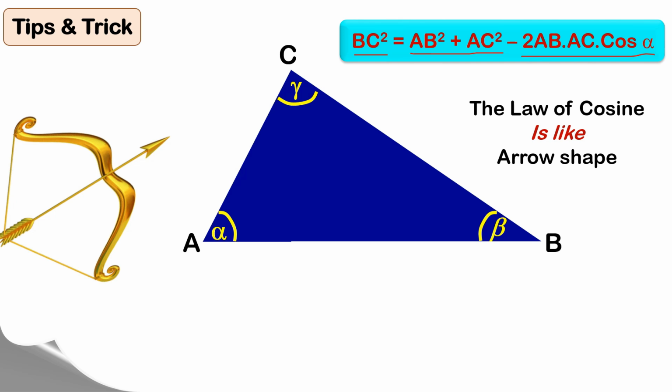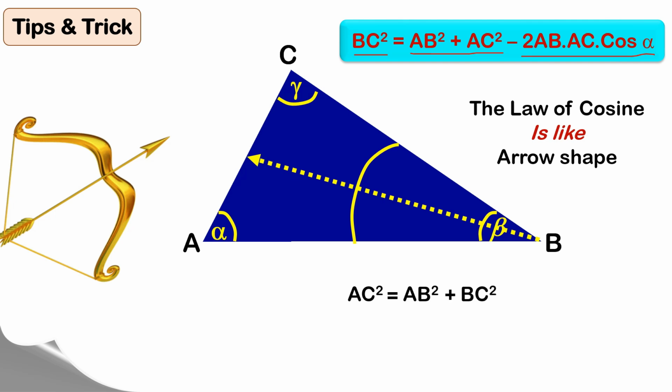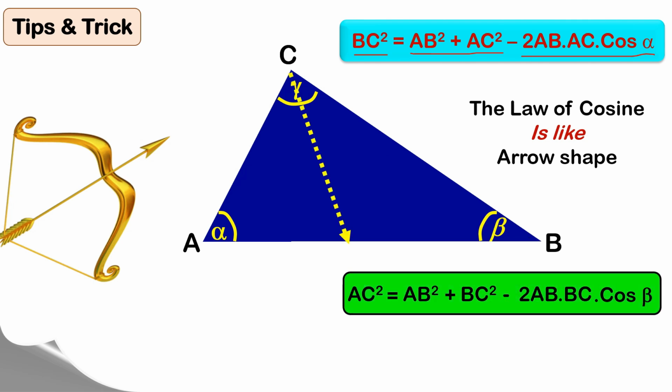Let's try to make a formula from angle beta. Angle beta is opposite line AC and flanked by lines AB and BC. So the formula begins with AC squared followed by AB squared plus BC squared, then minus 2 times the product of AB, BC, and cos beta.